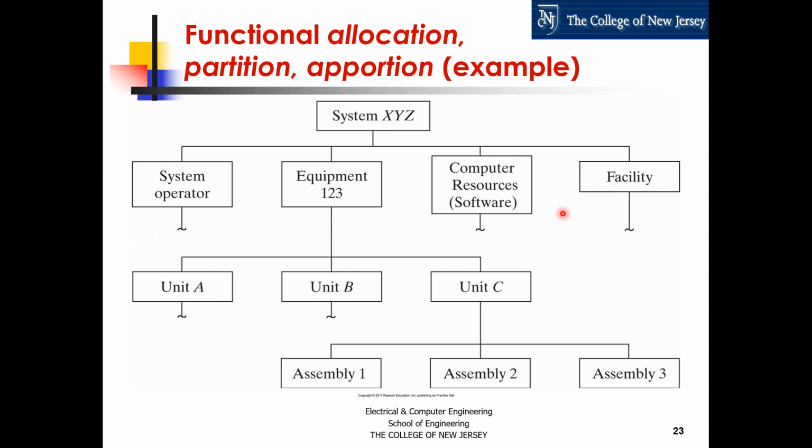So let's say that this equipment has 3 units, and this unit has 3 assemblies. So these are actual physical things. This is an actual structural diagram. This is not a functional one. So do notice the difference between this and the functional flow, but it was the functional flow that gave you enough insight to put something like this together. So you also have to have this type of documentation. All this documentation is eventually going to make it into the spec.